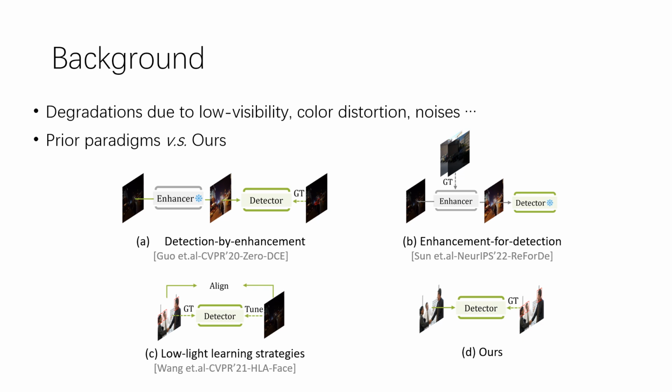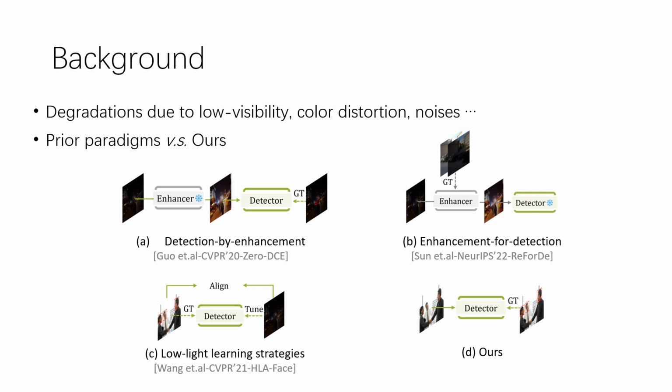The prior paradigms in low-light detection could be roughly categorized into three classes. The first one is detection by enhancement, which is to use a frozen enhancer to enhance the input images for the detector. The second is enhancement for detection. It is to train an enhancer that could improve the detector's performance on low-light images.